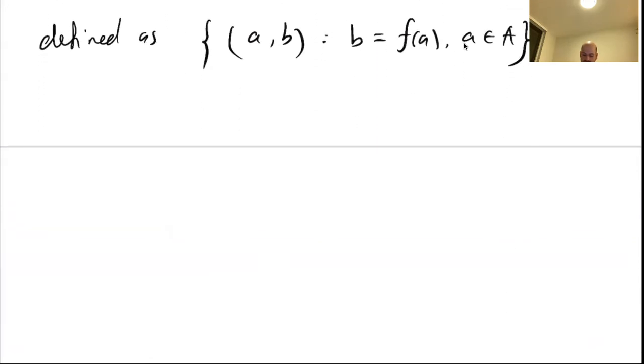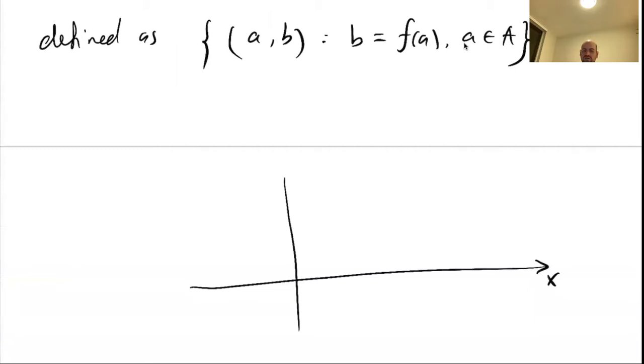Okay, so normally we sketch the graph of a function using x-axis and y-axis. On the x-axis we locate inputs and the outputs on the y-axis. So let's say if you have a graph of f, let's say y equals f of x, and let's say we have a point (a, b) here.